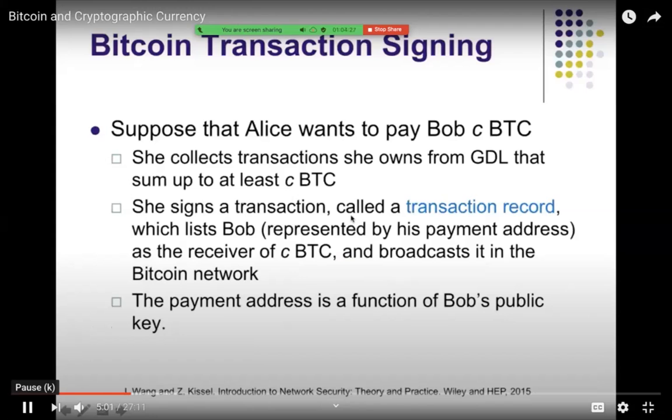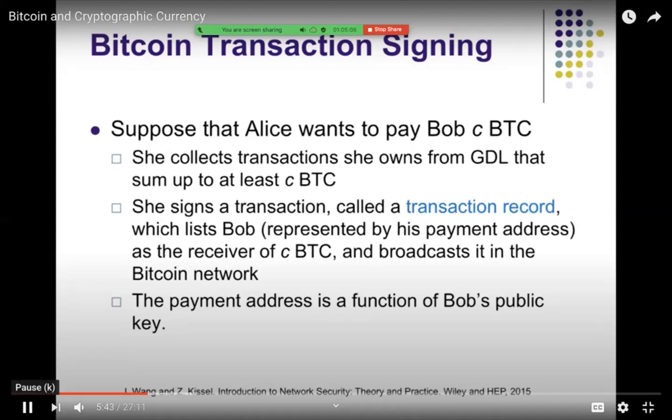Okay, now let's look at Bitcoin transaction signing. Suppose that Alice wants to pay Bob a number of Bitcoins, let's say C units of Bitcoins. What she needs to do is to collect transactions she owns from the GDL, the blockchain, that sum up to at least C units of Bitcoins. Of course she needs to own these transactions first.